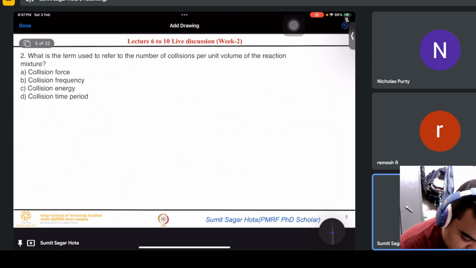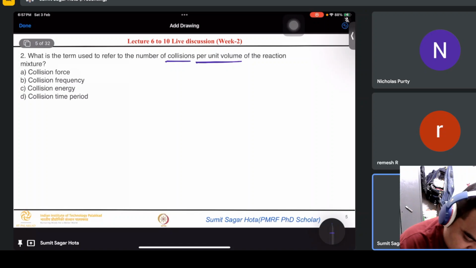What is the term used to refer to the number of collisions per unit volume of the reaction mixture? There are other terms, if you don't know anything about it. Per unit volume they are asking, collisions per unit volume, and the options are force, energy, time period and frequency.